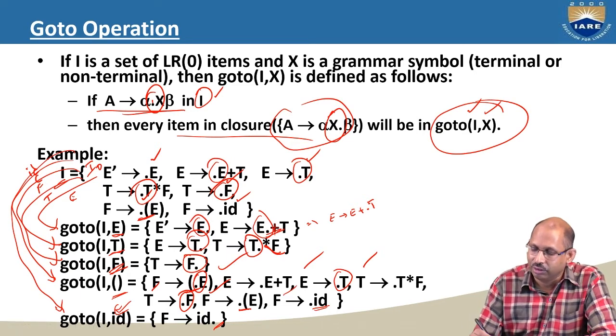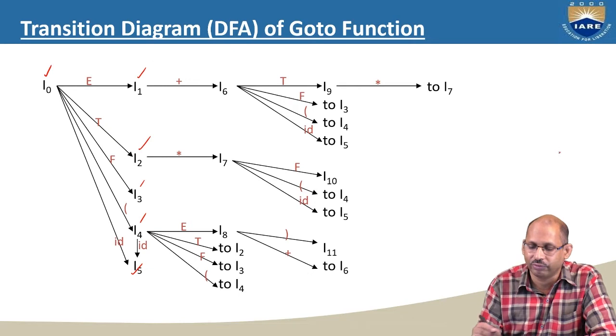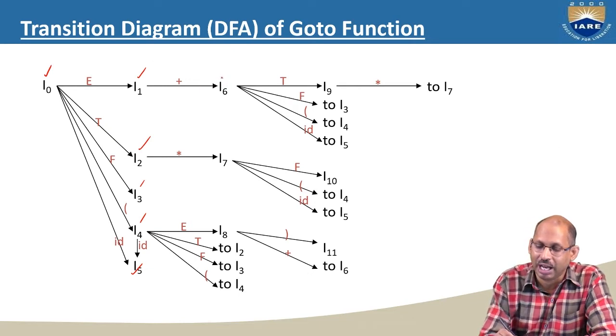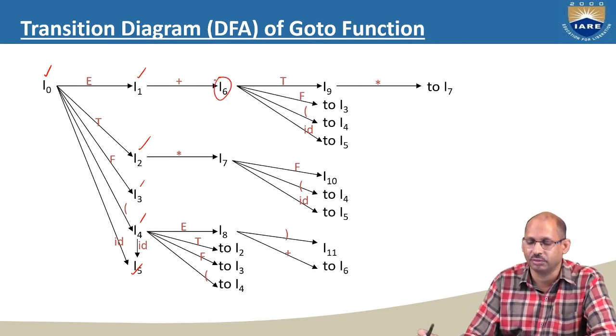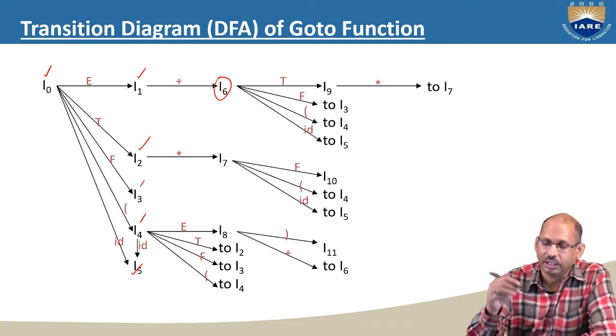Then add T gives dot T into F and T gives dot F. Right? Then what is F? Add F productions. F gives dot left parenthesis E and F gives dot ID. So that will be I6.